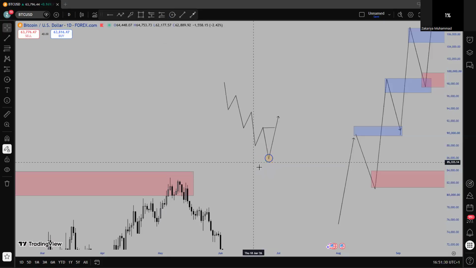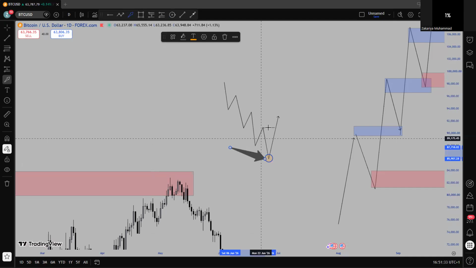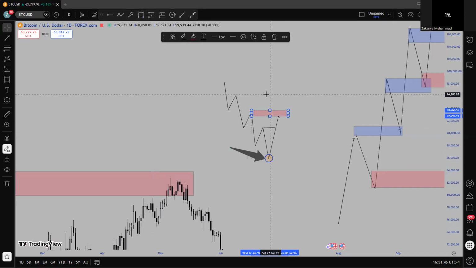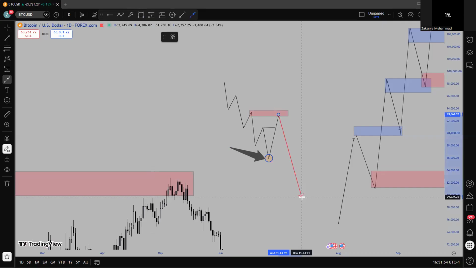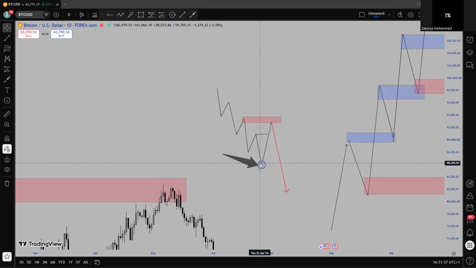Is it coming from a valid zone? If the buy that caused this market structure shift is not coming from a valid zone, I don't consider it a market structure shift, right? Because the market might use that to create an inducement to this order block for price to continue selling down. So you see, where to expect a corrective move is very important.